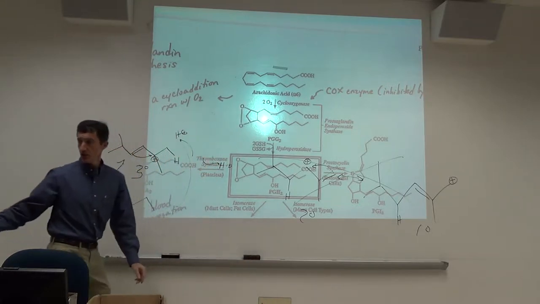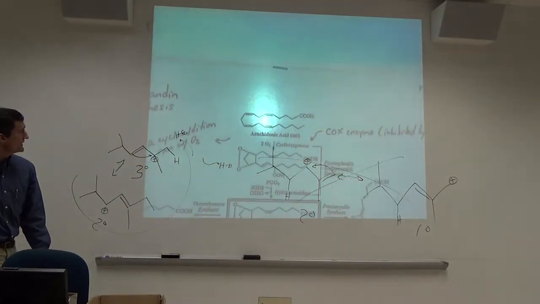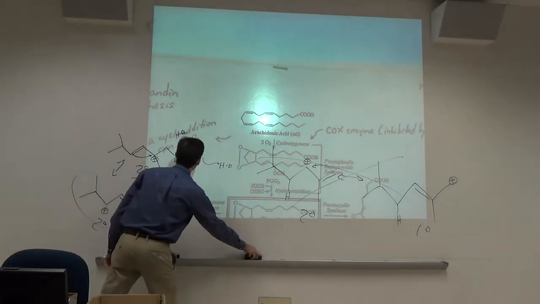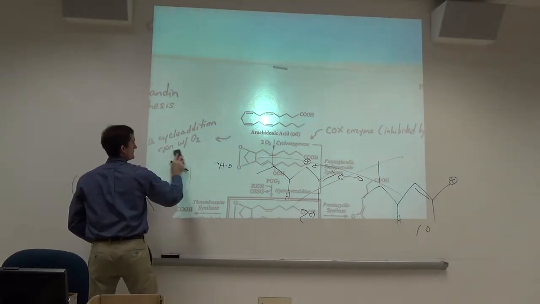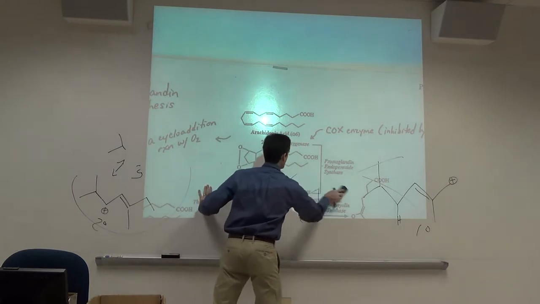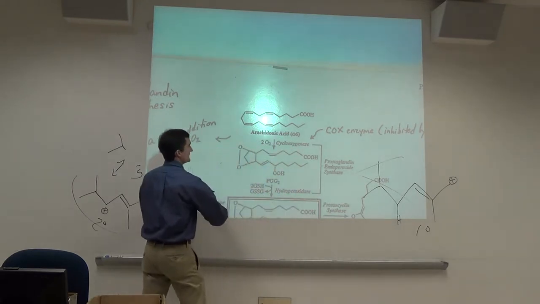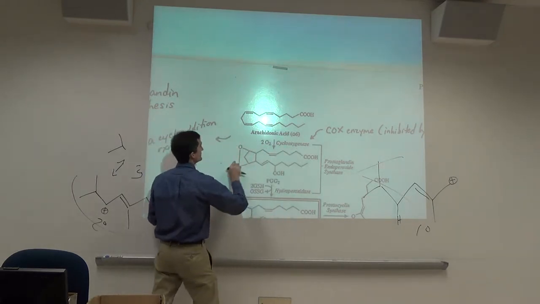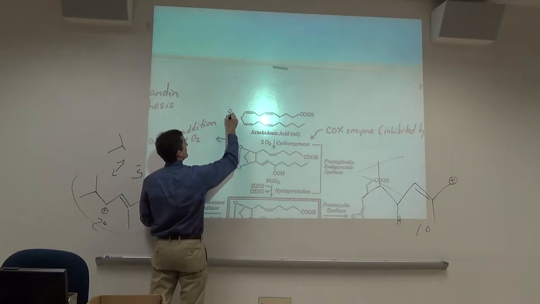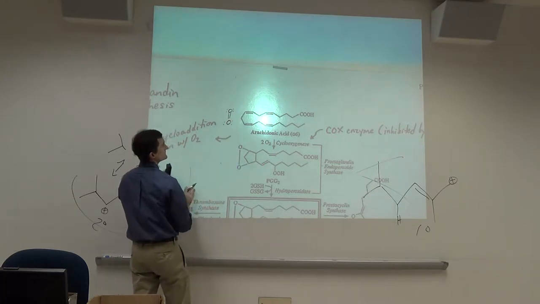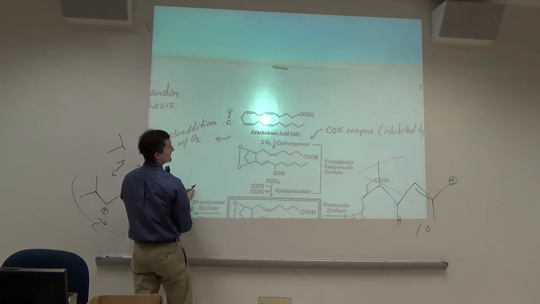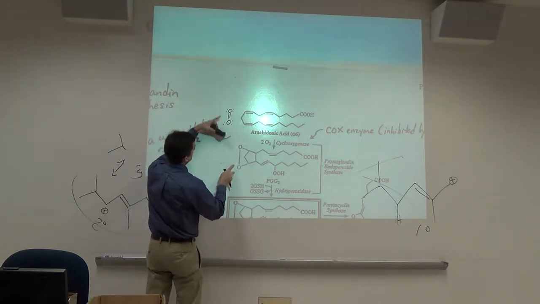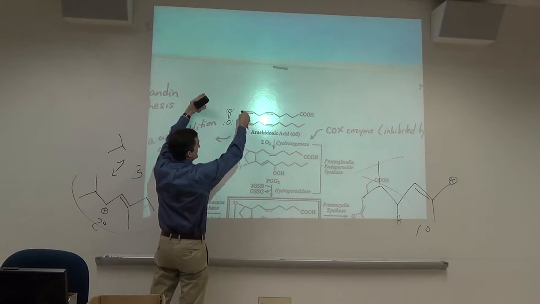First reaction though, this is sort of like a cycloaddition. It's not exactly a Diels-Alder, but it's somewhat related, involving oxygen. It's assisted by an enzyme called cyclooxygenase. Oxygen can be drawn with the double bonds, like this. Two oxygens end up adding to here and here.